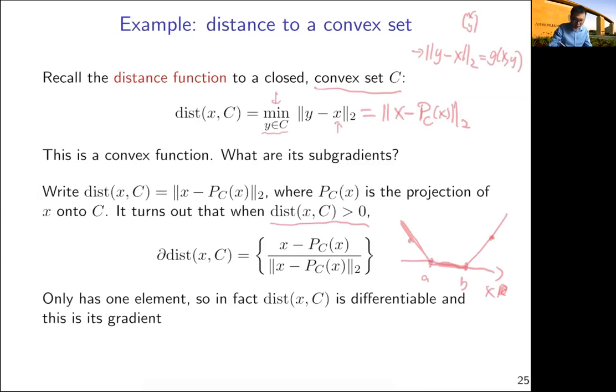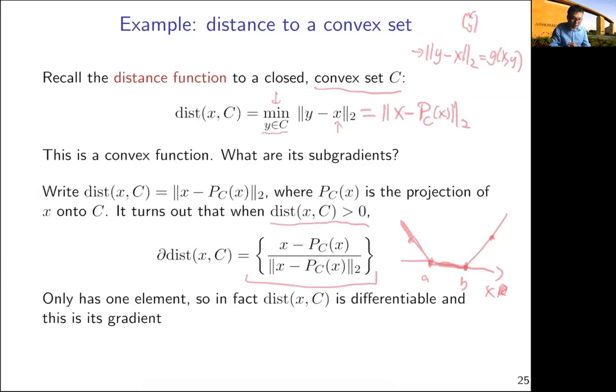Okay, so the only part where this function is not differentiable is on the boundary of the convex set. So we're going to be looking at the subdifferential of this distance to the convex set, and it turns out that the subdifferential can be shown to be a singleton set.